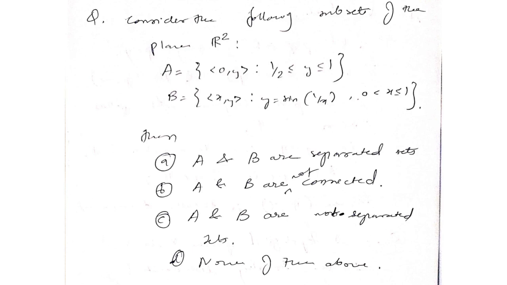So is it satisfying? A closure will be again this interval, right? Half to 1. What is B closure? Or B's limit points?